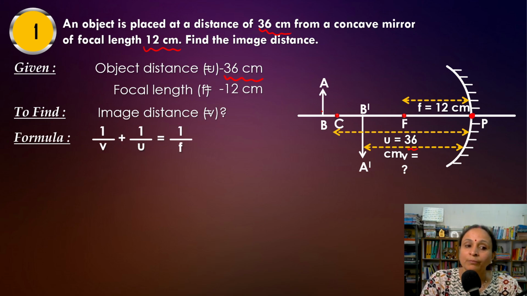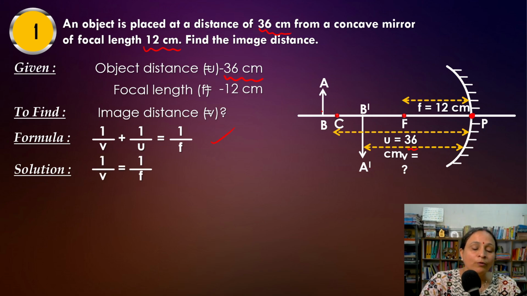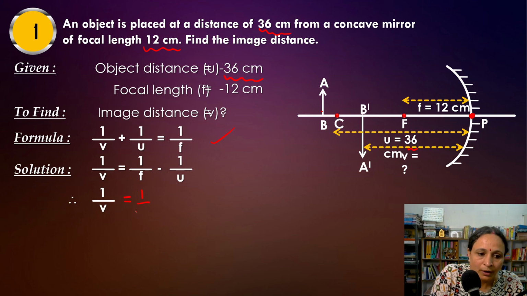What is the formula I'm going to apply? It is the mirror formula. Putting in the mirror formula, 1 by V plus 1 by U is equal to 1 by F, so 1 by V is to be calculated. It is 1 by F minus 1 by U, 1 upon minus 12 minus 1 upon minus 36. All that you have to do is substitute the values.